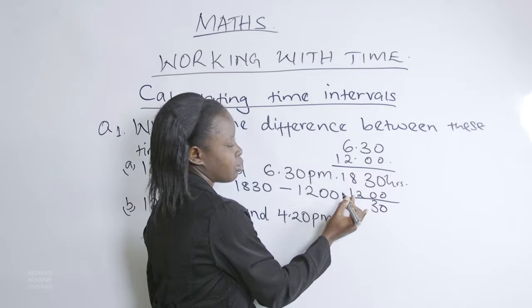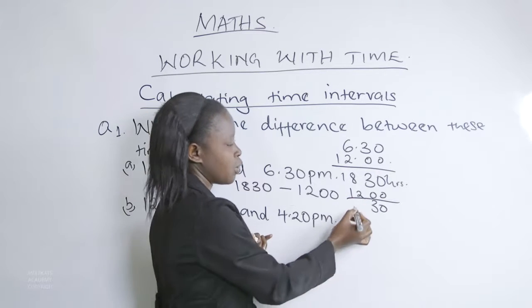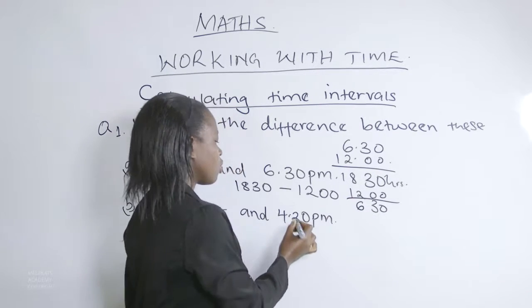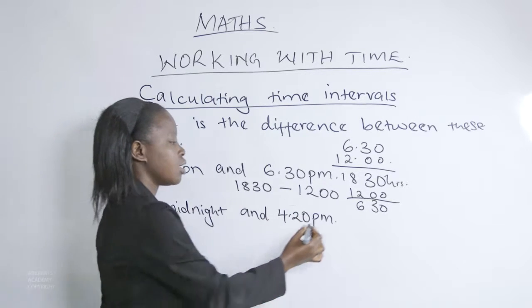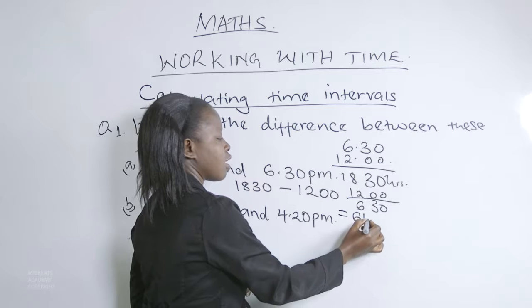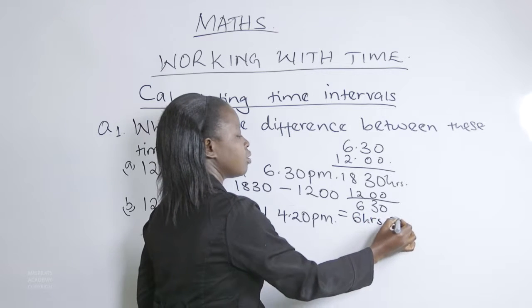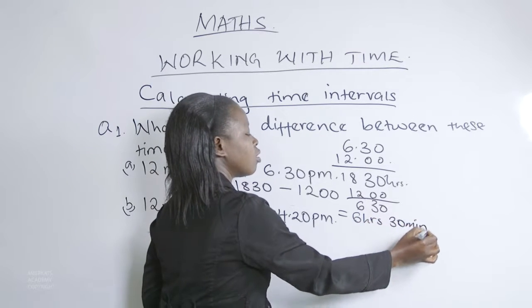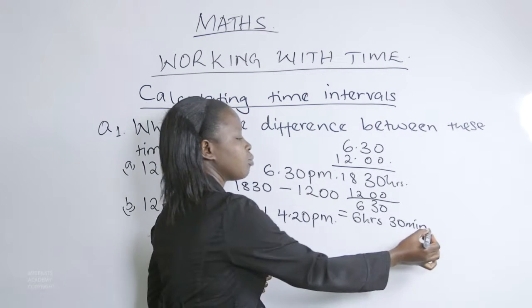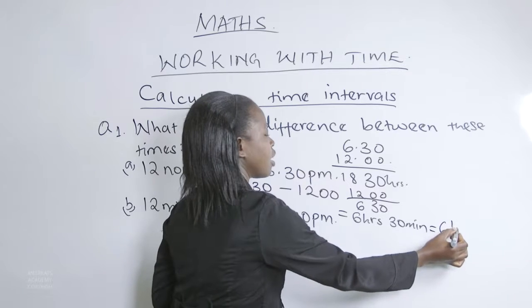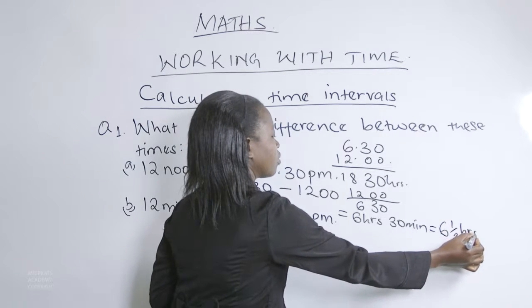And 18 hours minus 12 hours, we have 6. So the difference between the two times, then it is 6 hours, 30 minutes. Or if we express them in hours only, then it means that we have 6.5 hours.